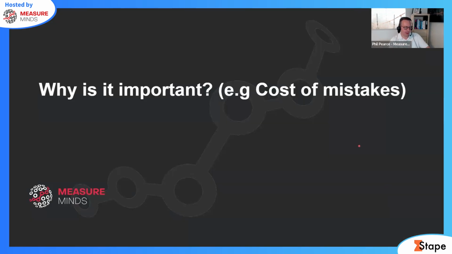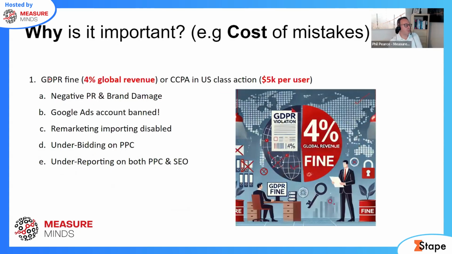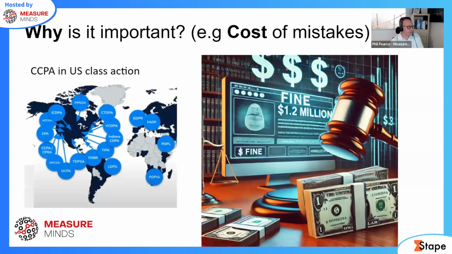What happens if you get consent mode wrong? Obviously, as a brand, you're at risk of a 4% global revenue fine. In America, it's getting really interesting. It's actually 5K per user in California. So it's not just about PR damage and a Google Ads account being affected and remarketing being paused or underbidding or underreporting. It actually has a financial impact for getting this wrong.